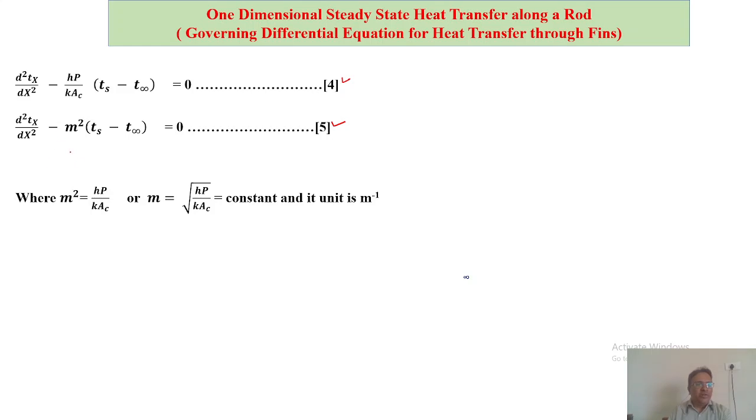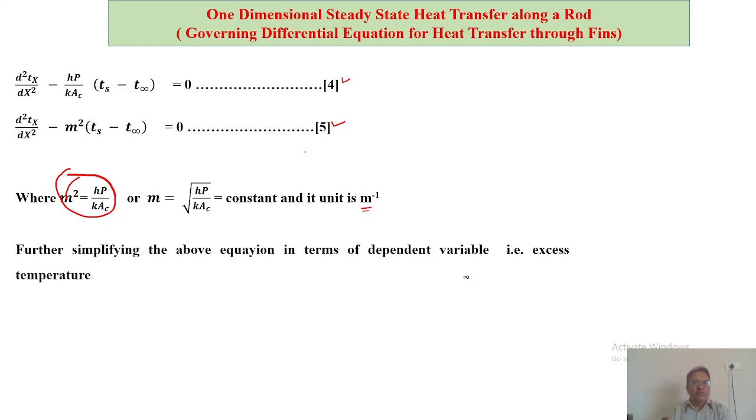In the above equation number 5, m squared is nothing but hP over kAc, or m is equal to the square root of hP over kAc. m is called the fin constant, and its unit is per meter. Now equation 5 can further be simplified in terms of one dependent variable, and this dependent variable is called the excess temperature.